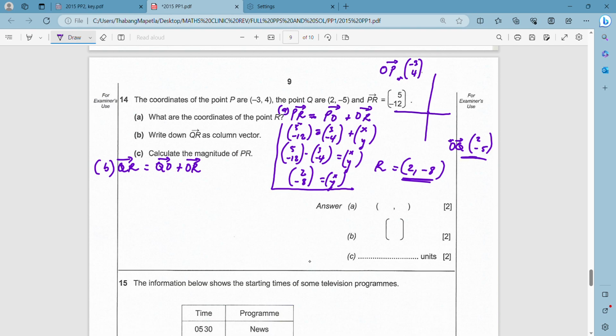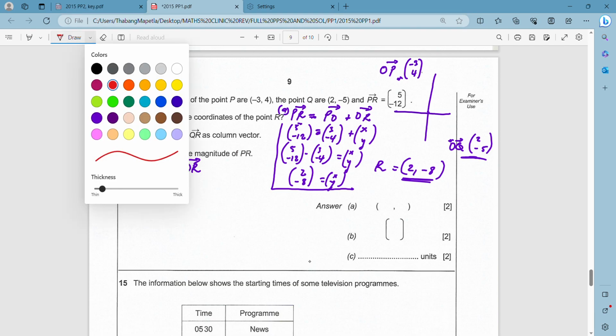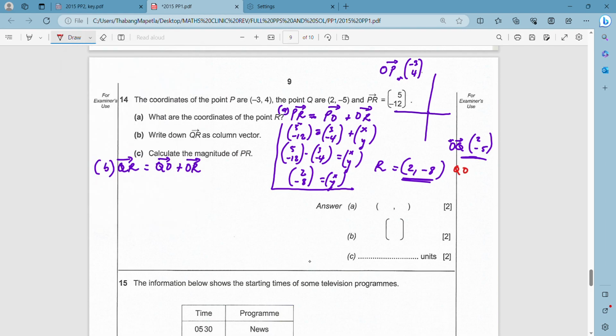QO, or Q to origin, and let me just use a different ink. QO is going to be the negation of 2, -5. We are negating it again, multiplying by negative. So therefore, it's going to be -2, 5, plus OR. What is OR? OR is the one we found here. So it's going to be 2, -8.